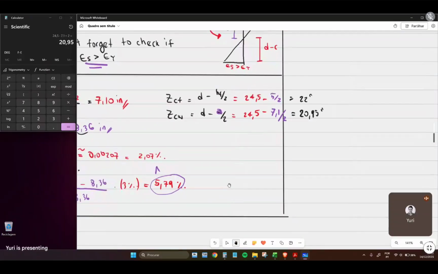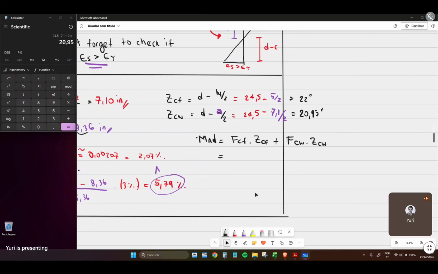And finally, the bending moment, which is what we are looking for in this exercise, is going to be the force FCF times ZCF plus the force CW times its lever arm.